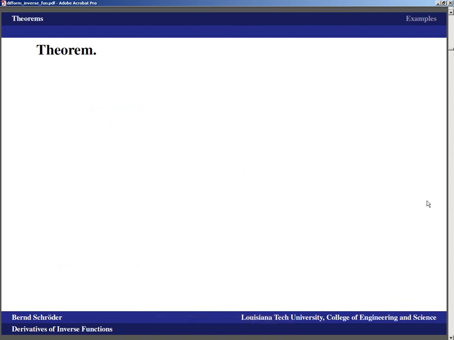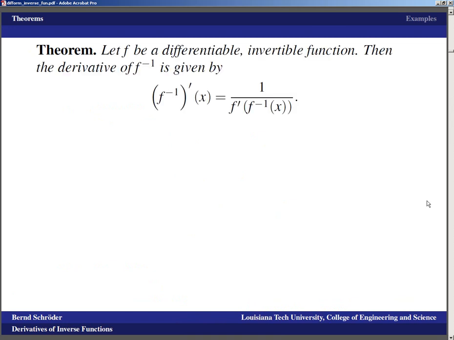Okay, so we don't want to go through implicit differentiation all the time when we're taking derivatives of inverse functions. And in fact, ideally, we don't even want to use this theorem. But at least for the derivation of these derivatives, this theorem can be helpful. You take a differentiable invertible function, so a function that passes the horizontal line test and which has no corners and no jumps or anything like that.